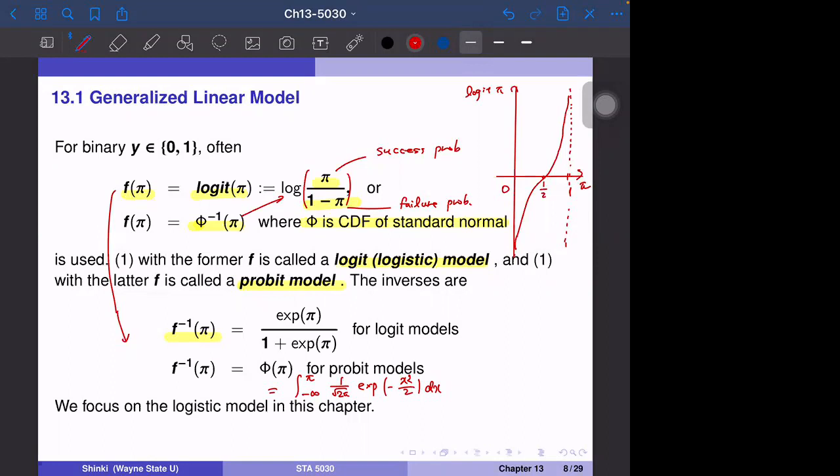In this chapter, we focus on the logistic model, and we don't talk about the probit model. The logistic model is more convenient in the sense that both f and f inverse have analytical form. And logistic regression is more robust against outliers compared to probit regression.